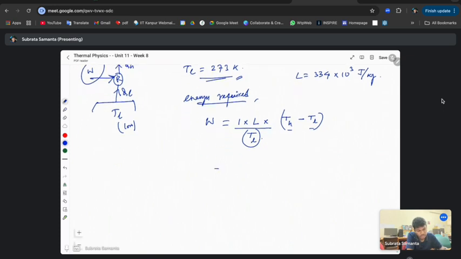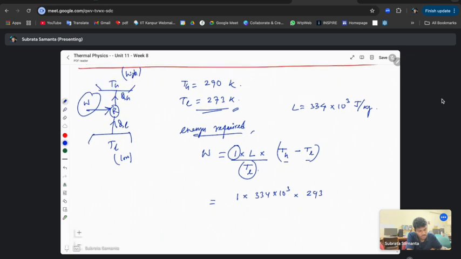So plug in the values: 1 kg times 334 times 10 to the power 3 joule per kg, so the kg cancels, times TH minus TL, so 290 minus 273, over 273. This is basically joule.